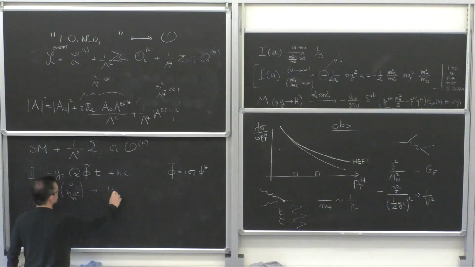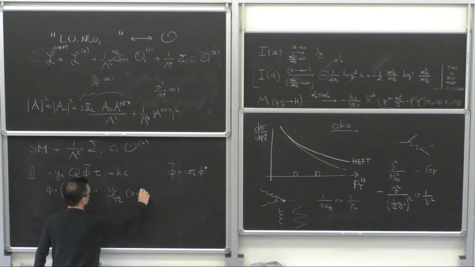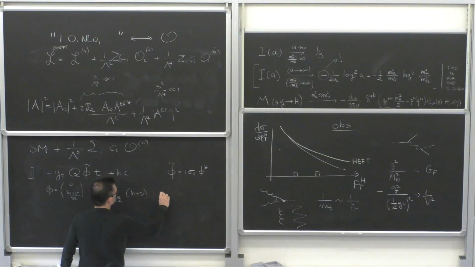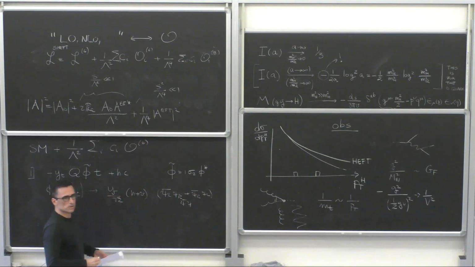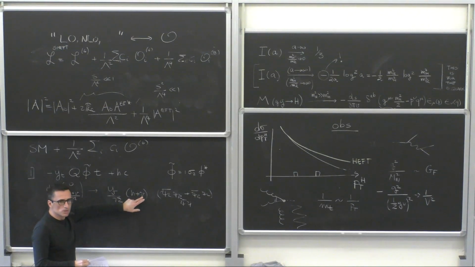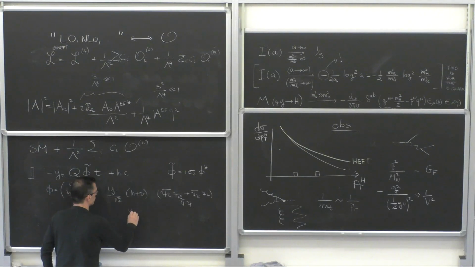So you get y over square root of 2, (h plus v) times t left t right plus t right t left, which is psi-bar psi for the top. So this piece is the top mass, which is now y over square root of 2 times v.